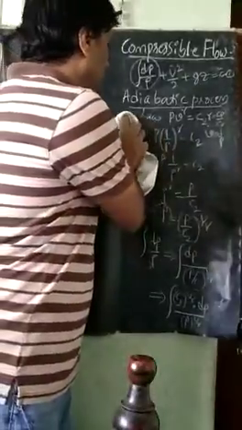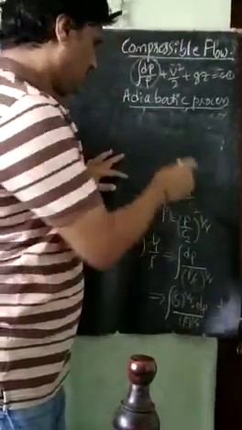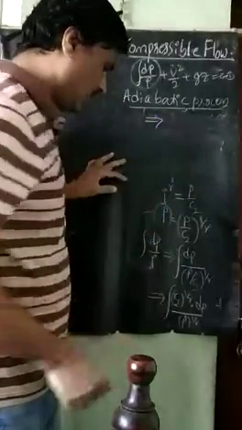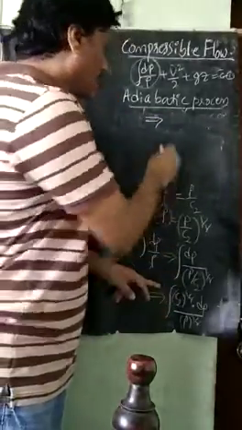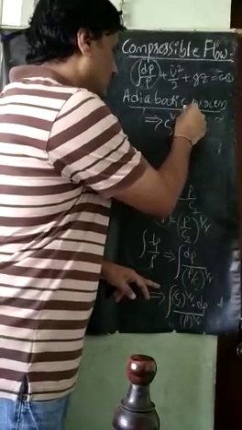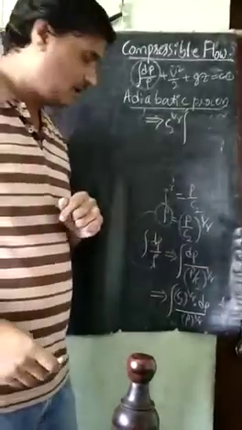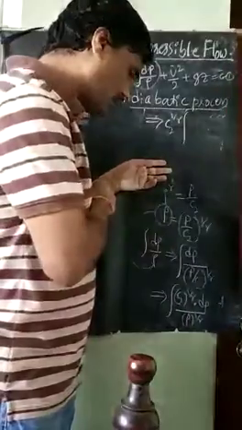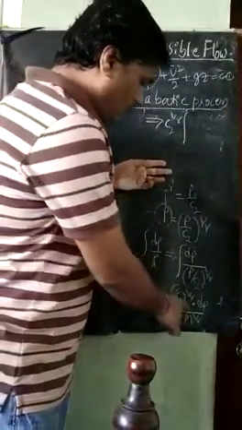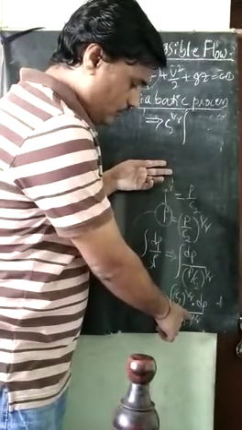Next, I will continue the same derivation. C2 raised to 1 by gamma, I will take it out from the integral symbol, because that is constant. So what I am getting is 1 by rho raised to 1 by gamma.